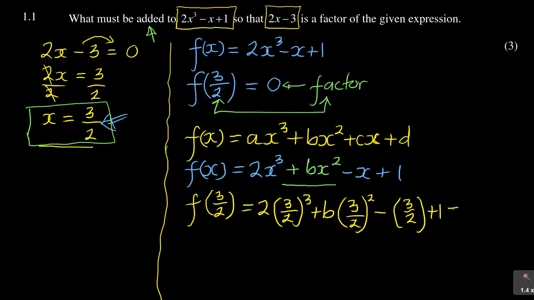Remember, if it is a factor, this must give me a 0. I'm getting it again from this particular statement that I said.